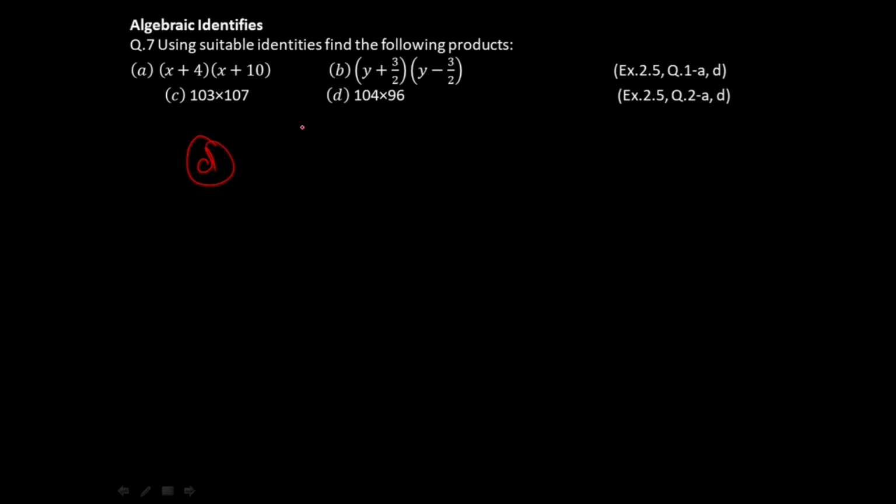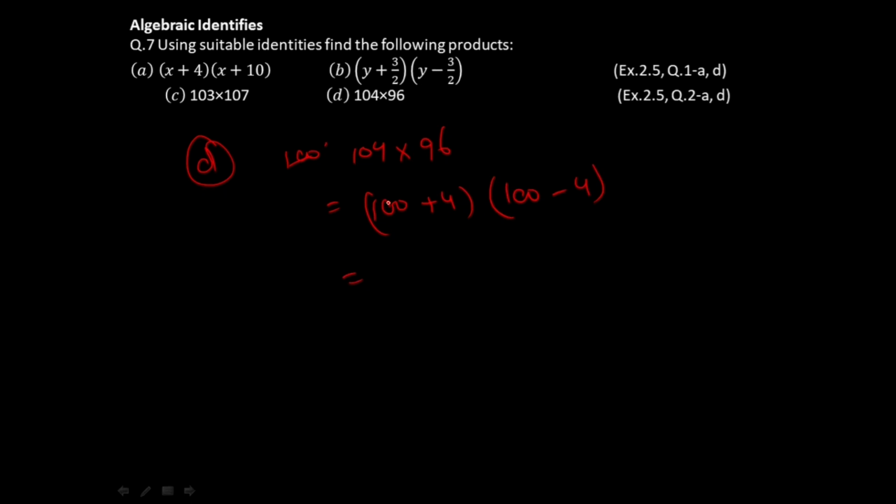Part D. This is 104 times 96. I'm not to use the actual calculation, I'm to use the identities. So 104 can be written as 100 plus 4, and this 96 can be written as 100 minus 4.